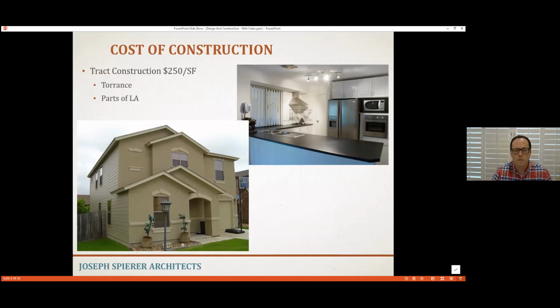Homes can be built for $250 a foot, but it's production housing. You build 50 houses at once, and you can spend $250 a foot. Also, it's hard. I know I put Torrance in parts of Los Angeles, but it is still very difficult in the greater Los Angeles area, even if you're doing tract housing, to hit this price per foot at this point. Costs have just skyrocketed.